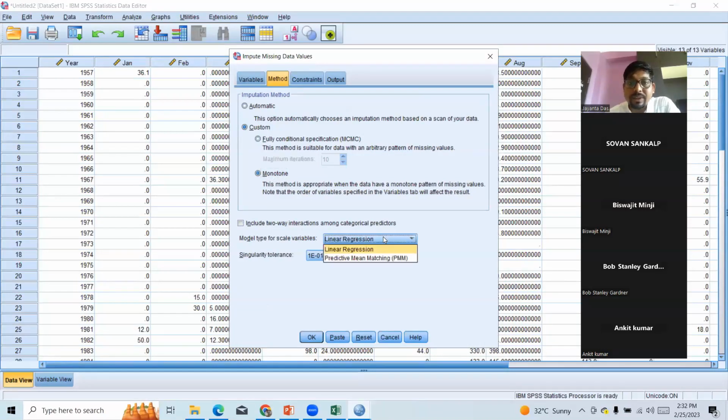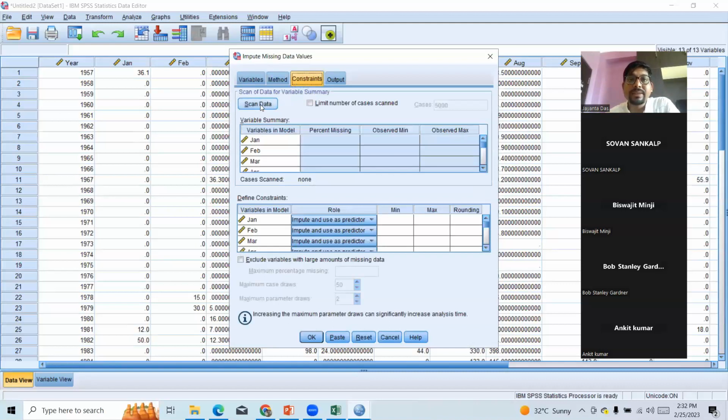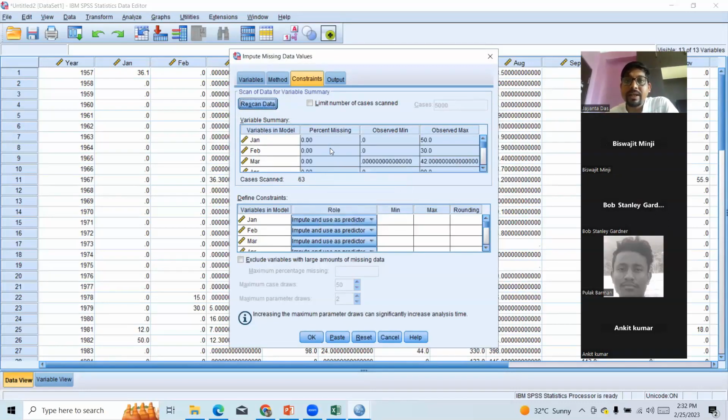Also, there is an option for linear regression or predictive mean matching, PMM. But SPSS is a very smart software, so we can select automatic. It automatically selects which method is applicable for our data. Okay. Now constraints: see here, scan data, variable name, percent missing. If we scan this data, just click there, then it will be scanned here.